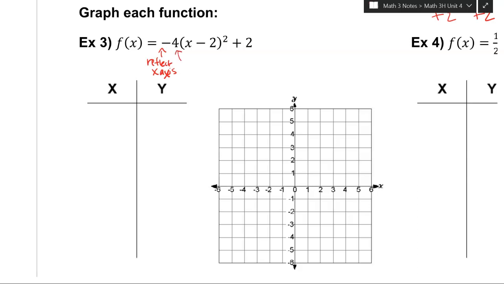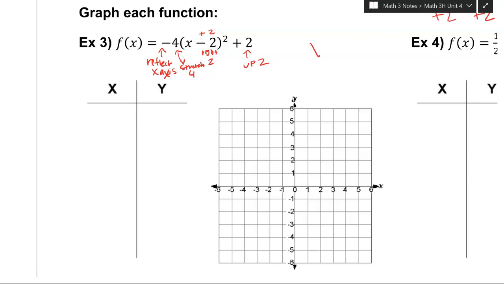And this is a vertical stretch of 4. This will be right 2 because we don't have a negative with our x, so we just add 2 to the other side. So right 2, and then we are up 2 as well.